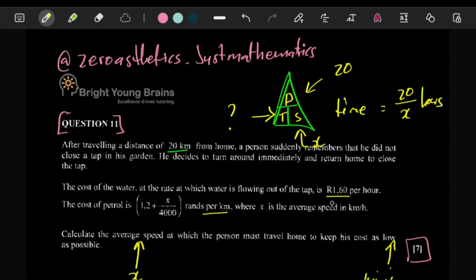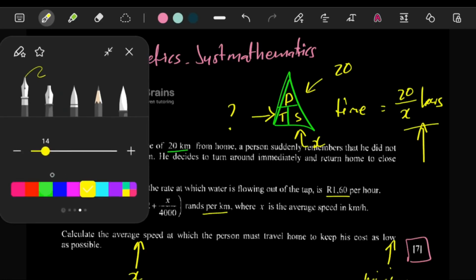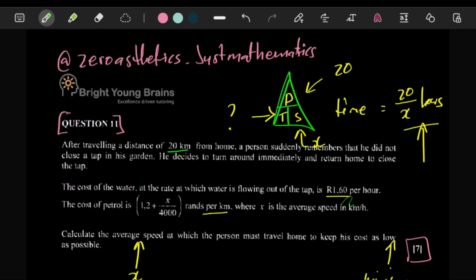So water is costing him 1.6 rands per hour, and this is how many hours it's going to take to get home. The rand of water per hour times the time it's going to take to get home gives you what his water charge is going to be.